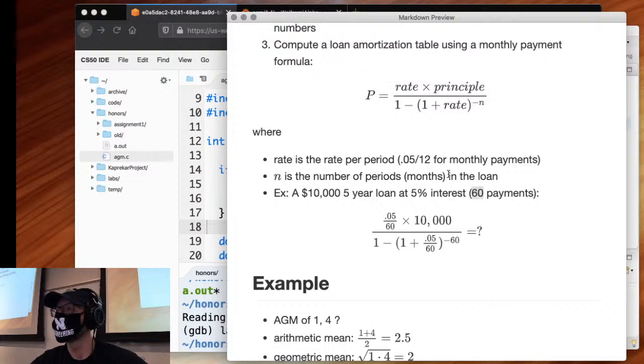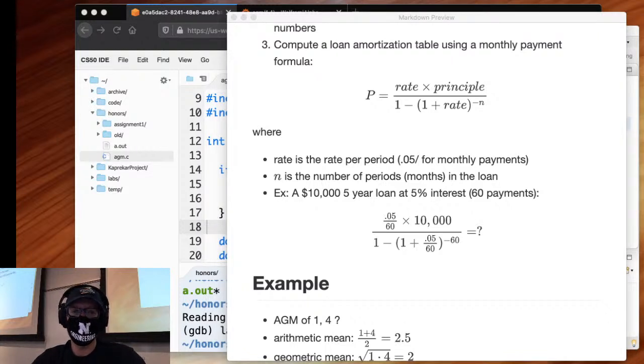Right? Oh, you know what? This should be 60 up here. That's probably a mistake there. Oh, actually, well, no, that's right, because that is 60. Okay, yeah, that's right. I think. Now I'm questioning that. I don't think that's right.